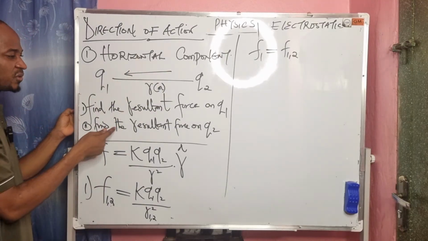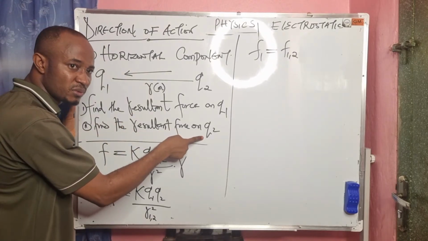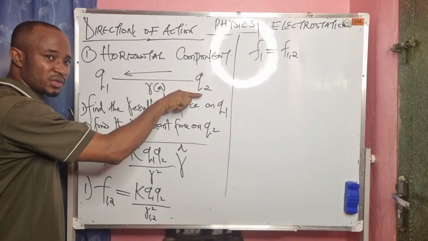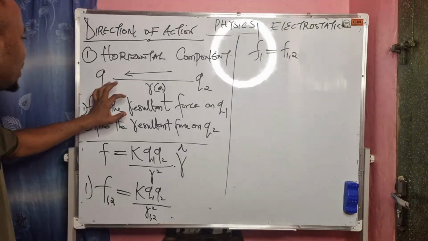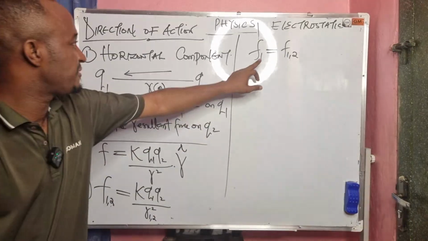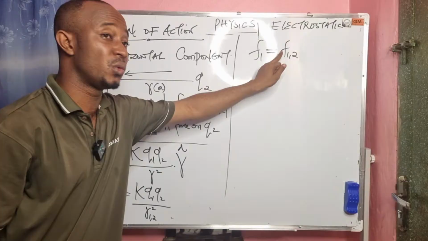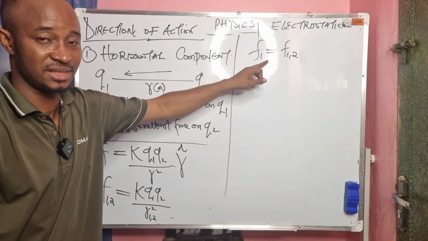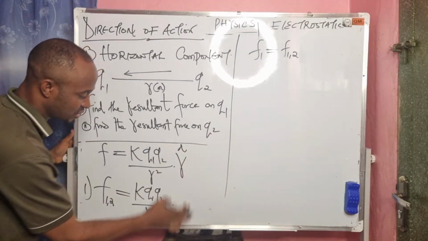For number 2, we have to find the force on Q2, so the direction is towards Q2. So the force on Q1 is F1, which equals F12, meaning from 2 to 1. I can just use F1 to represent it. They're all the same.